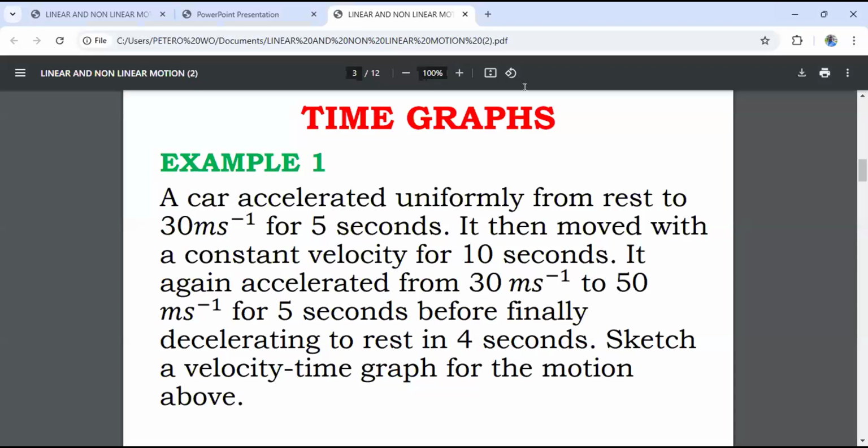Okay, some people are telling me they are done. We are trying the work on. We are sketching a velocity time graph for the information that has been given.